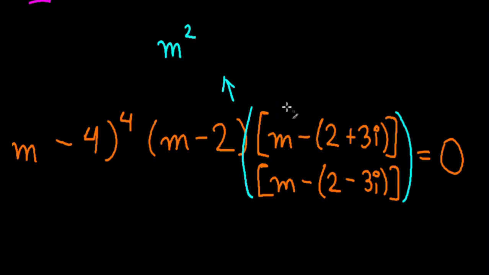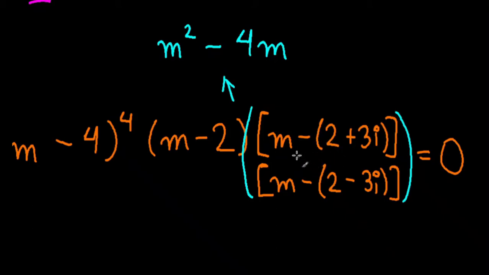What you're going to have in the middle is negative 2 plus 3i multiplied by m, and also negative of 2 minus 3i multiplied by m. The 3i's are going to be plus or minus, so they cancel, and you have minus 2m and minus 2m. Those are the only ones that remain, so you have minus 4m. You can just expand it out normally, and you'll see the same thing.